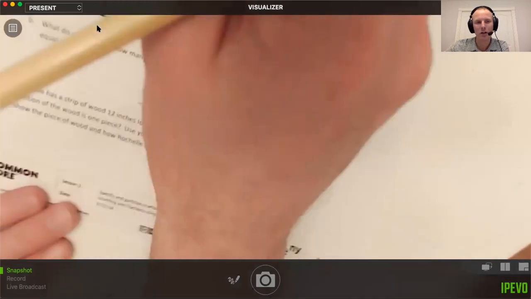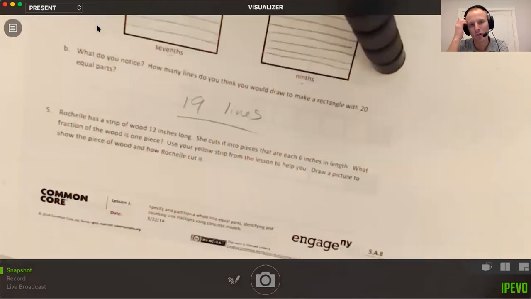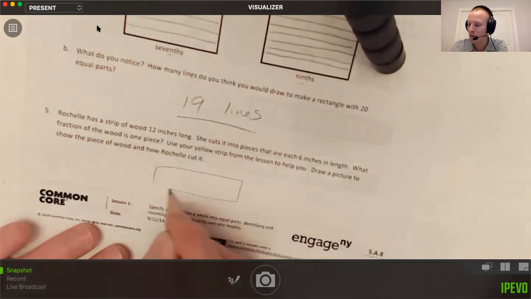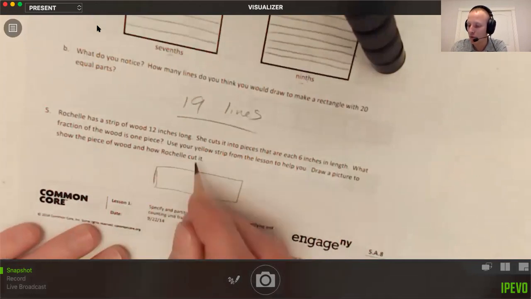And the last part is Rochelle has a strip of wood 12 inches long. She cuts it into pieces that are each 6 inches long. What fraction of the wood is 1 piece? Use your yellow strip. We don't have the yellow strip with us, so we'll just draw it. So the whole thing is 12 inches.